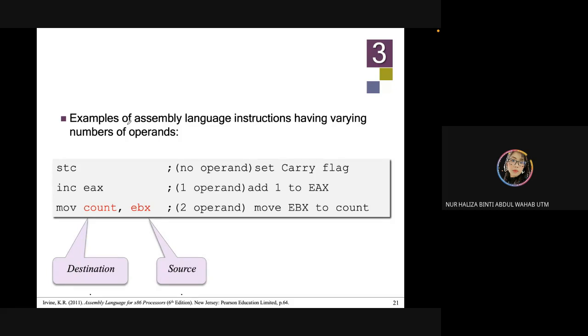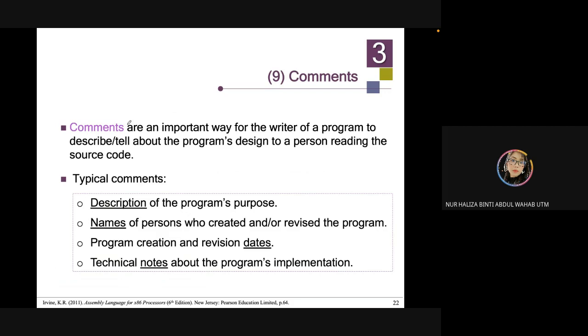And lastly, you can see here about a comment, which I already shared just now. It is important for a programmer writing a program to describe the program or coding that you have written. It also makes it easier for a person to read your coding. So a typical comment is a description of the program purpose.